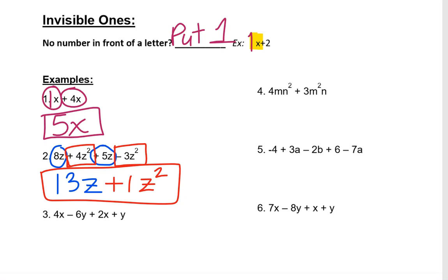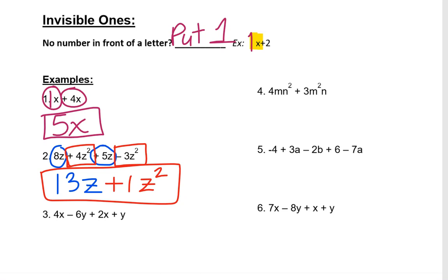Now there's two things that I want you to notice here. First, if you notice the shapes that I draw around my terms, my circles and my rectangles there, I am including the sign that's in front of the number. You need to include that sign because that's what is telling you what to do. It's telling you if you're going to add or if you're going to subtract, okay? So you need to make sure you pay attention to that sign.